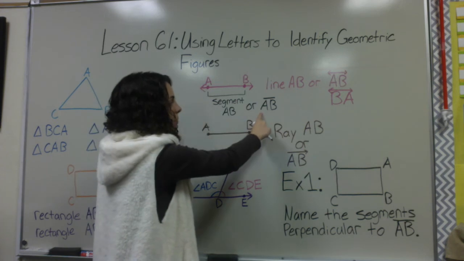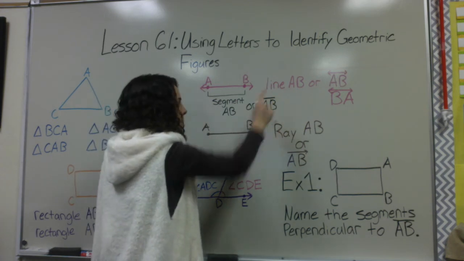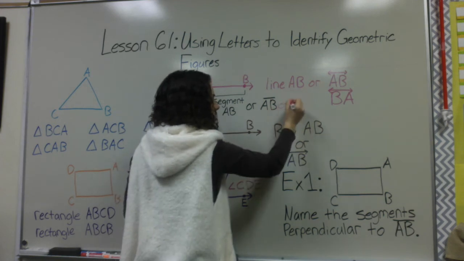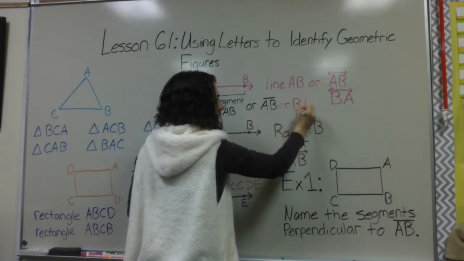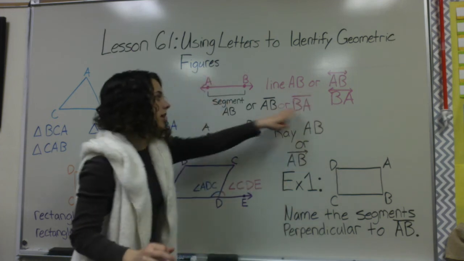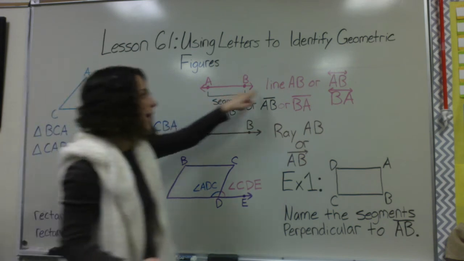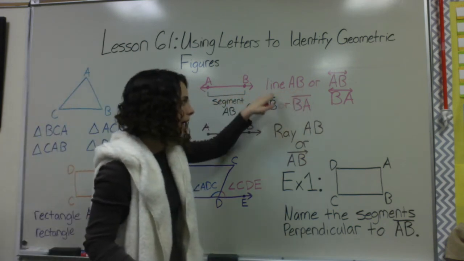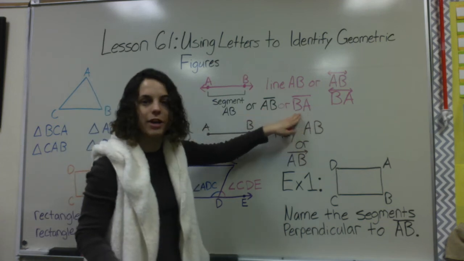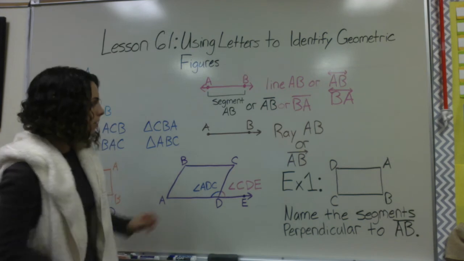Or I could write AB and draw a segment above, or just like with this line, I could do BA and draw a segment above it. Either of these are acceptable. That way I do not have to write out segment AB or write out line AB or line BA. I can just write the two letters and label what it is over the two letters.